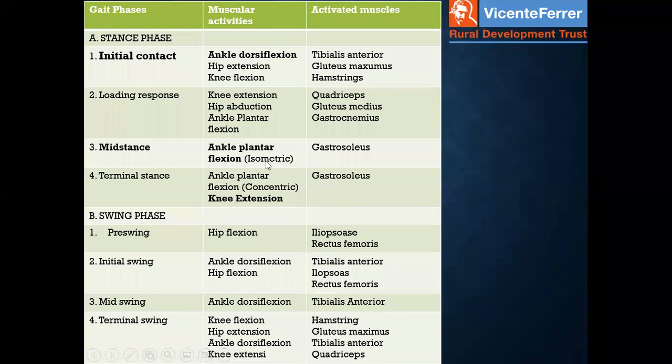So there won't be any change in the length. In mid stance, while the leg is coming to have complete contact with the foot, there will be isometric contraction of the gastrosoleus. There won't be change in the length of the muscles, so that's why there is no plantar flexion.